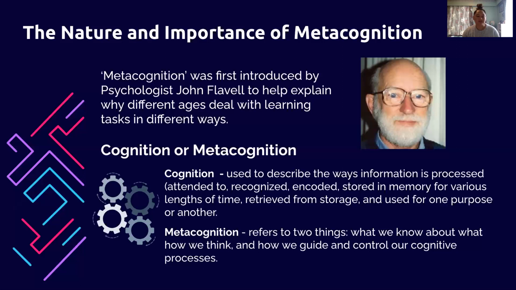And so for ourselves, when we're thinking about metacognition, you might hear people saying that they're a visual learner. Being a visual learner, you might have a preference for using highlighters or arrows or diagrams in your notes because you feel that you're going to remember it easier that way. Or you might recognize that you're pretty bad at remembering people's names, and so you find it easier to remember by writing their name down.